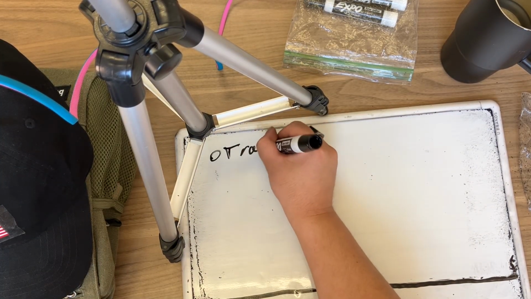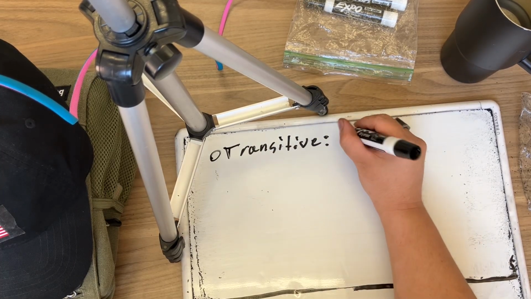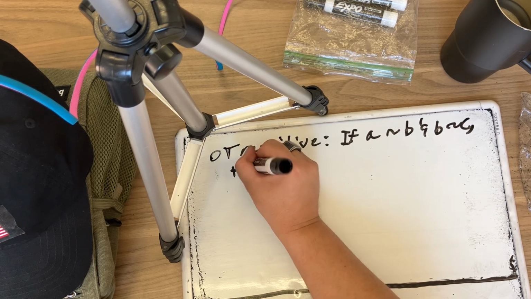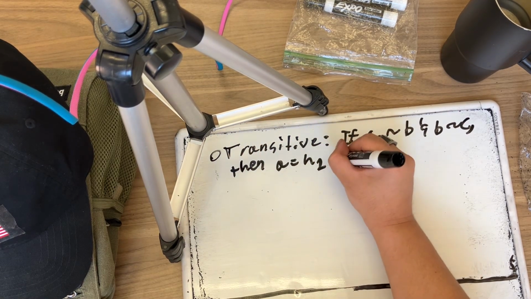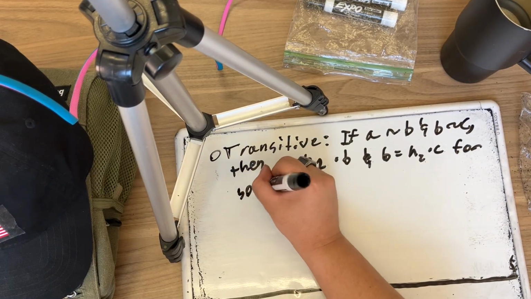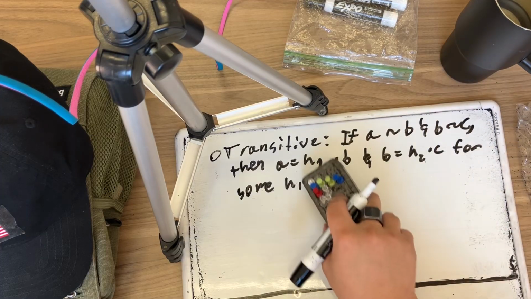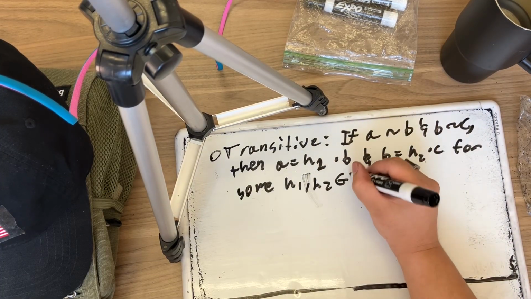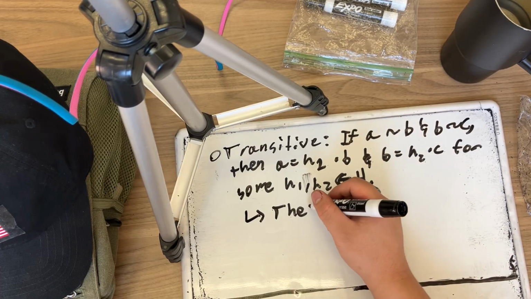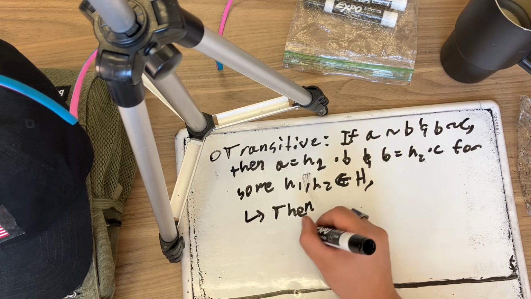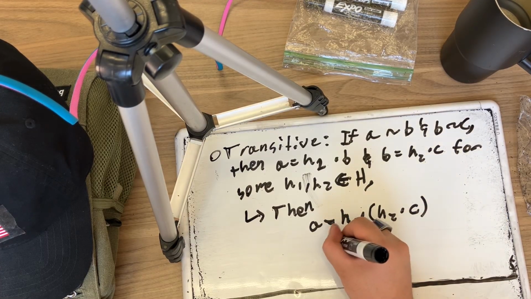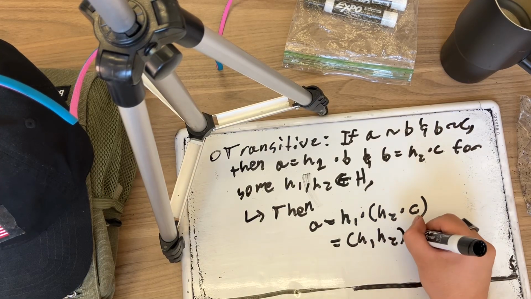So, if a tilde b and b tilde c, then a is equal to h sub 1 dot b, and b is equal to h sub 2 dot c for some h sub 1, oops, almost forgot about h sub 2, and h sub 2 being elements in H. Then a is equal to h sub 1 dot (h sub 2 dot c), which is equal to (h sub 1 h sub 2) dot c.